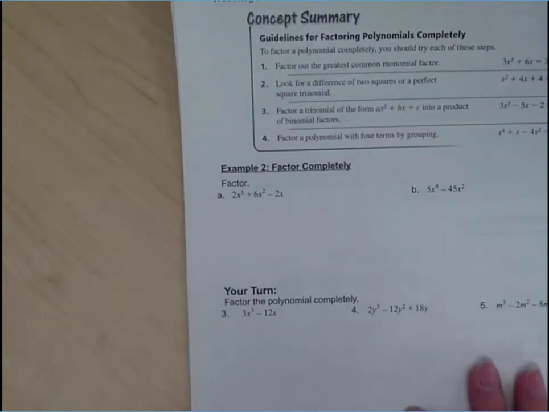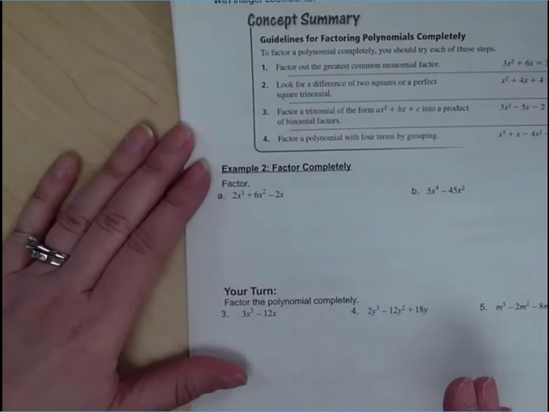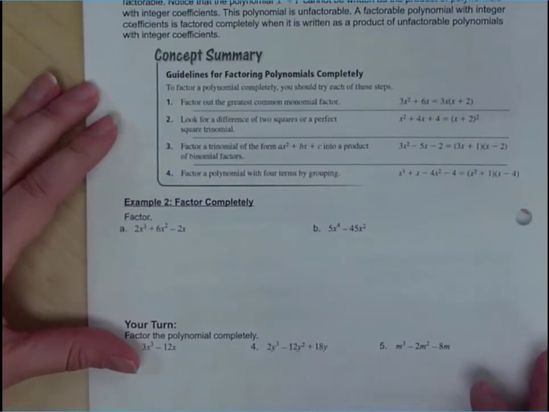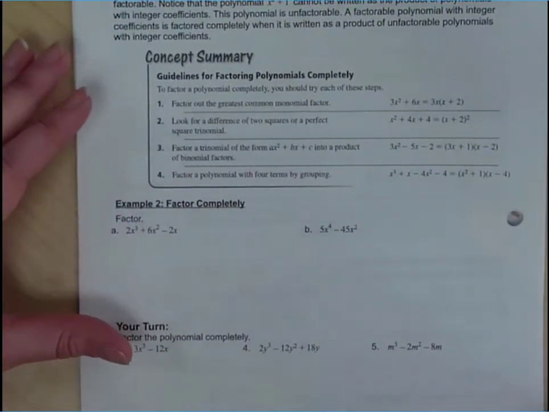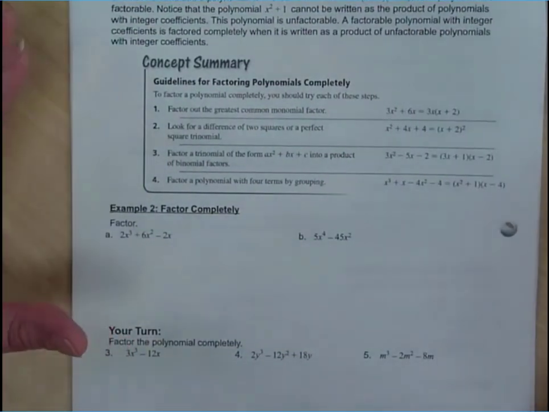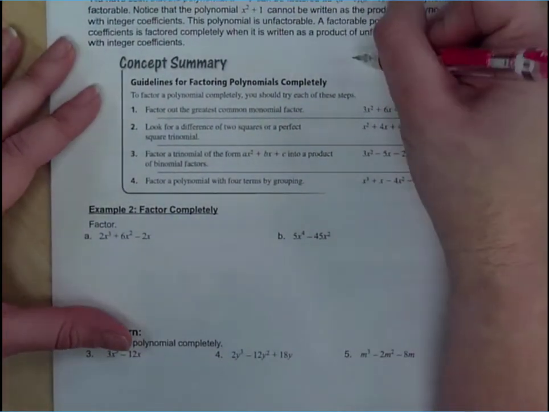All right, so we take a look at factoring completely. One of the things we always want to make sure we do is that we have no more math to do. So we talk about the guidelines here for factoring polynomials completely. And this is one of my very famous sayings.